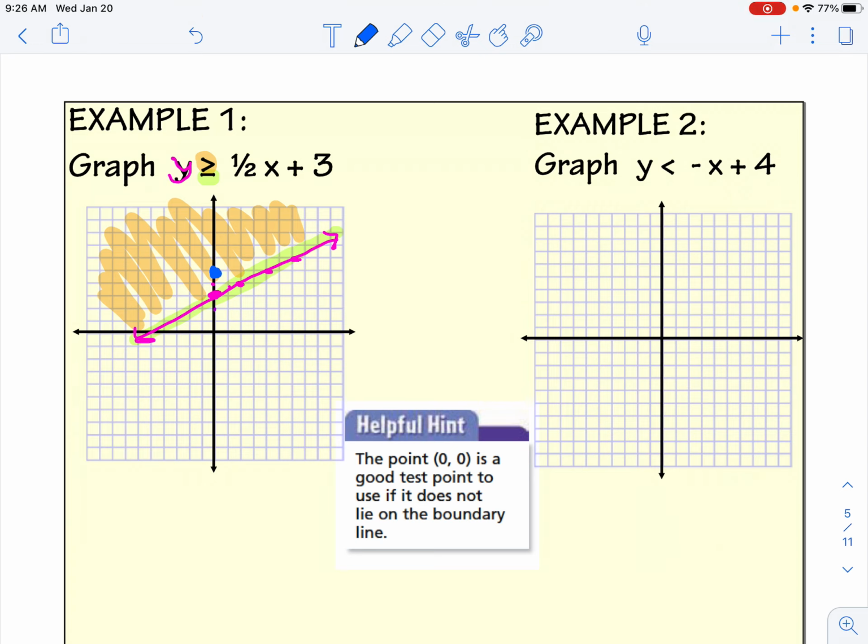So this is the ordered pair 0, 5. So I'm going to check that ordered pair by putting in 5 for y and 0 for x to see if it's true. And 5 is in fact greater than or equal to 0 plus 3, or 3. So I know that I shaded it accurately.